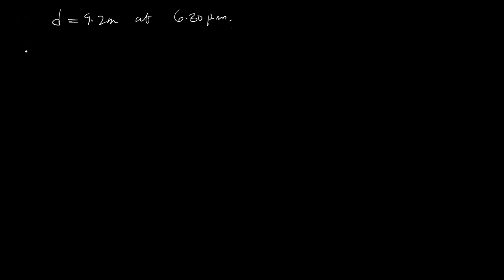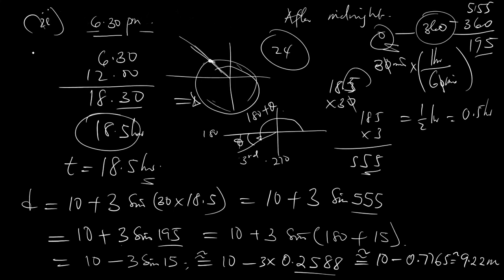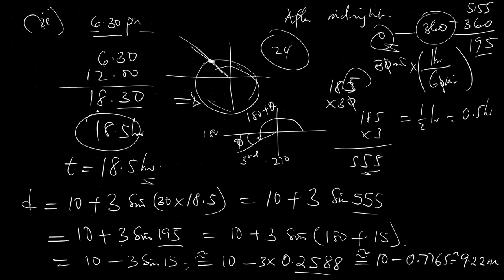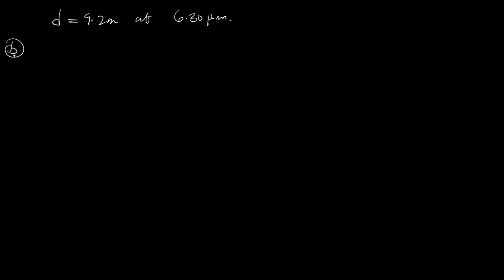Now that is that. So now let's look into the B part of the question. The B part was: at what time is the depth 7.6? They gave us the depth D, which is equal to 7.6. The equation for D is 10 plus 3 sine 30t.